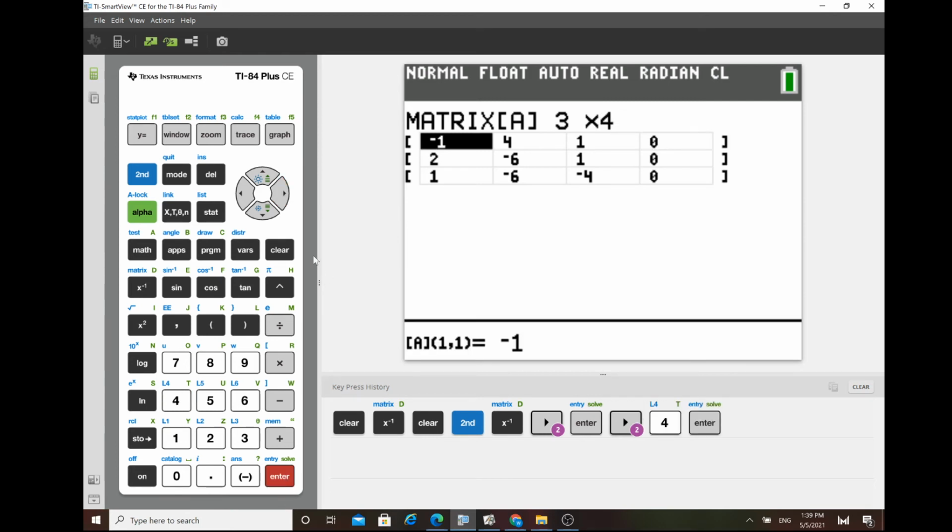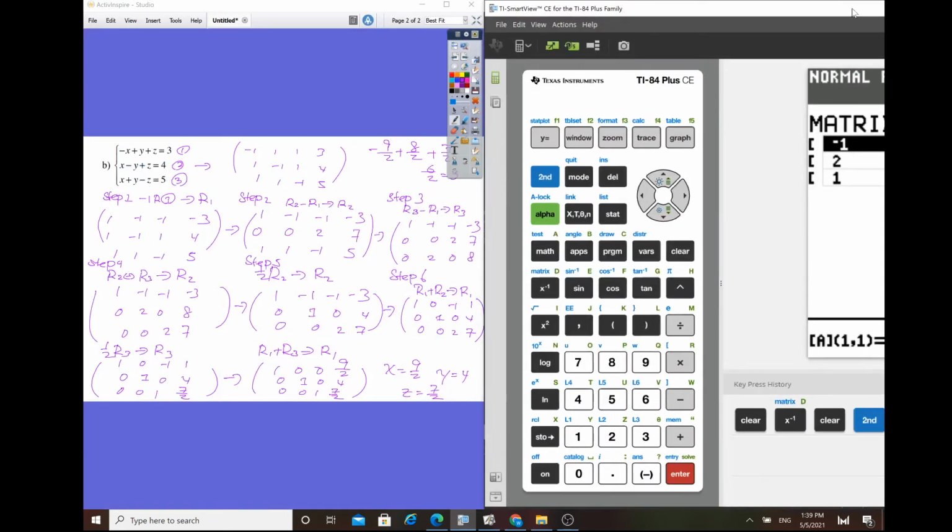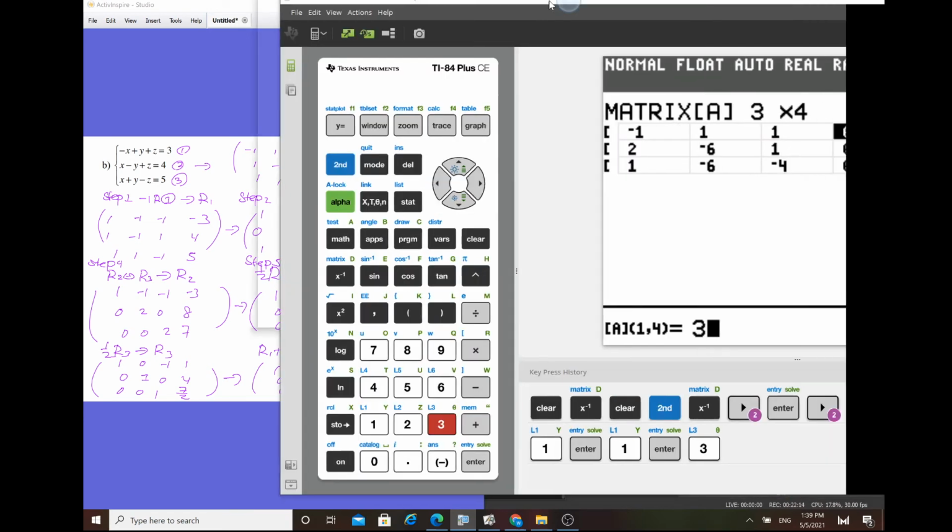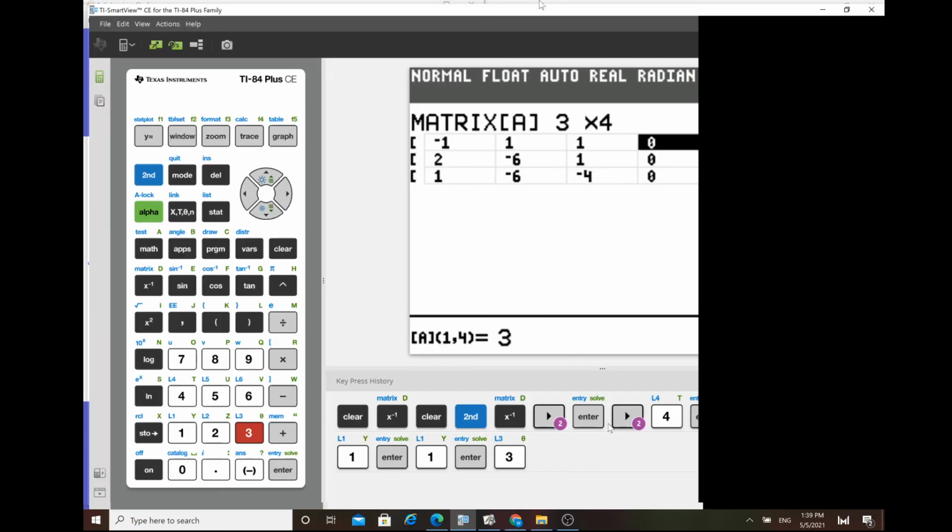So put in those entries. For the first row we got negative 1, 1, 1, and 3. Making sure that this is correct, enter.